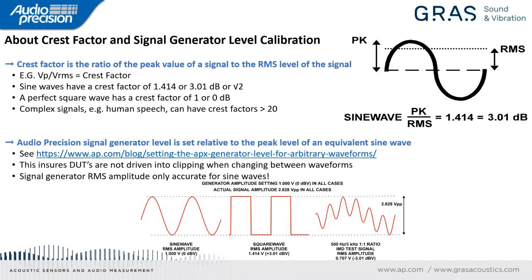And this is very confusing. Unfortunately, there is a reason for it, which is if you're generating a sine wave and you change the waveform type to another waveform, you'll have the same peak value as that sine wave, and that guarantees that you won't drive your device into clipping.